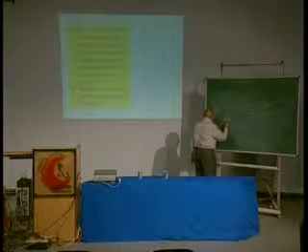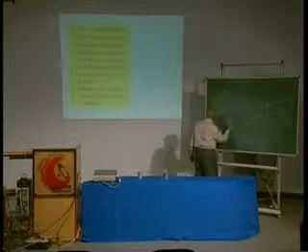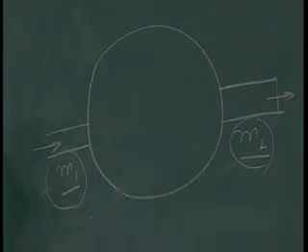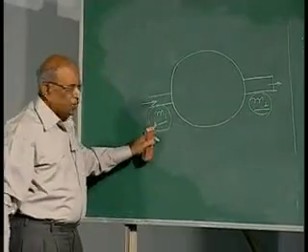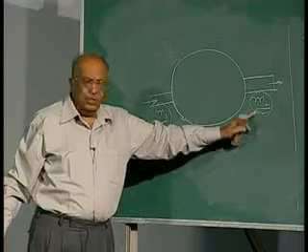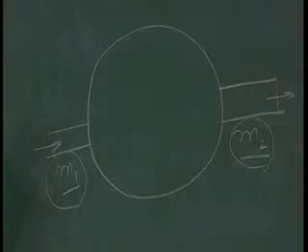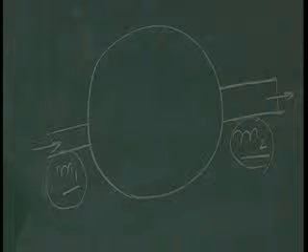Whatever is the mass that is coming into the system and leaving the system, entropy is associated with the mass. As the energy is associated with the mass coming in and going out, the entropy is also associated with the mass of the fluid coming in and going out. Therefore, in an open system, whenever mass transfer takes place, the energy as well as entropy of the system changes. Entropy comes into the system and goes out of the system.